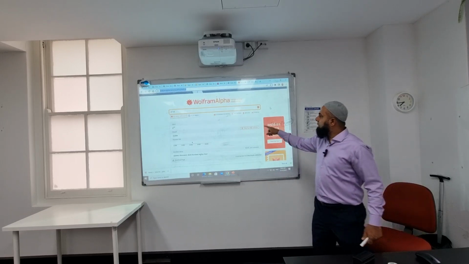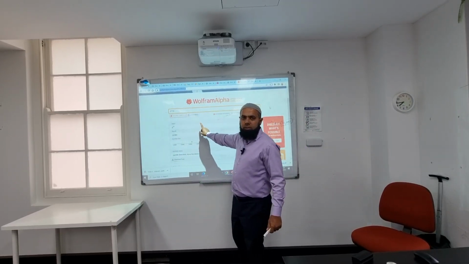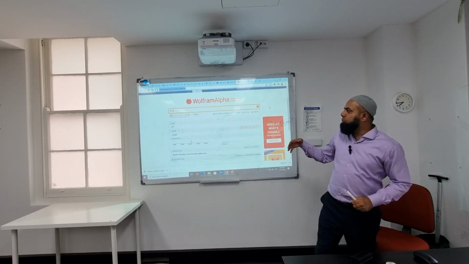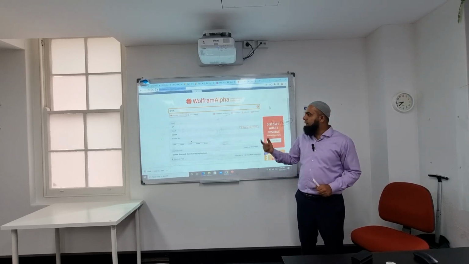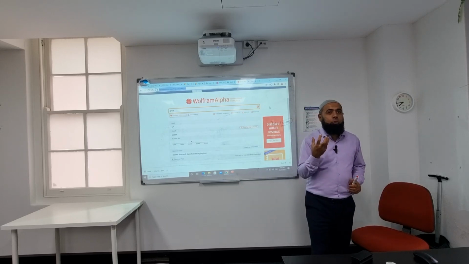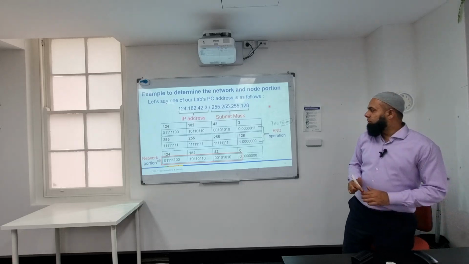So we have seen that 2 power 14 is 16,384. If we make it 2 power 13, it is less than 10,000. So it means that definitely we need to spare 14 bits. How many bits need to be spared? 14 bits.